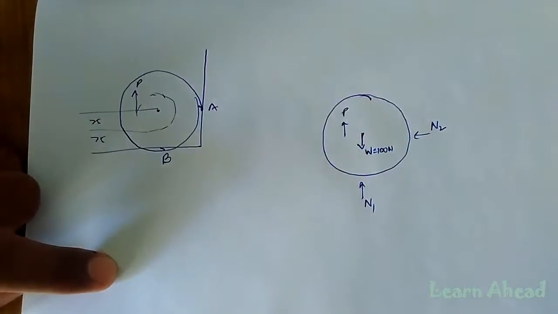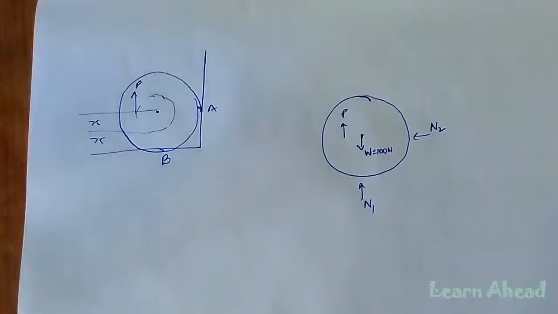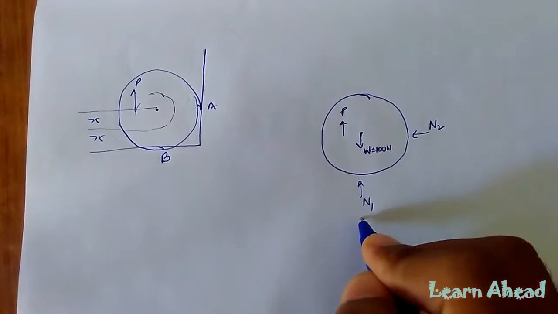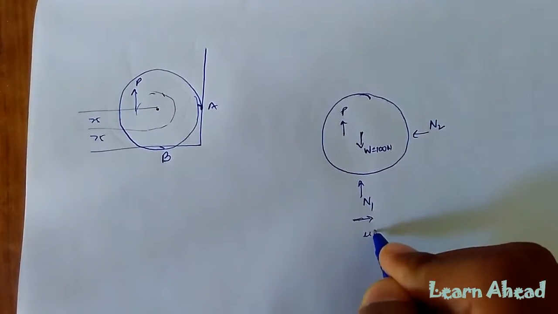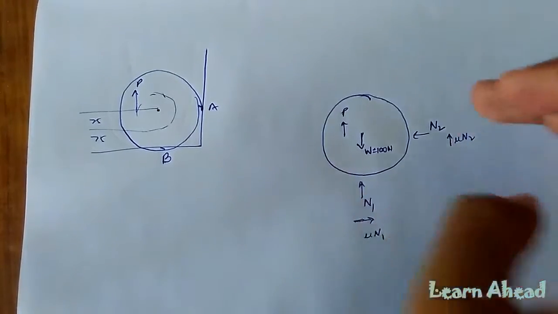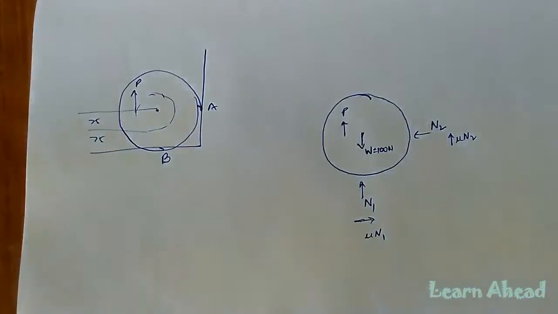Now this force P is trying to rotate the cylinder in this anti-clockwise direction, and the ultimate aim of the friction is always to stop relative motion. That is why the friction at both these surfaces will be in the mentioned directions, to stop the angular motion.